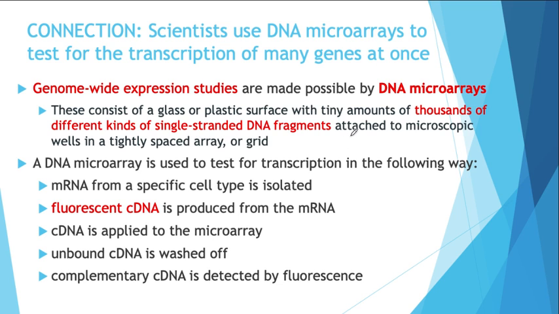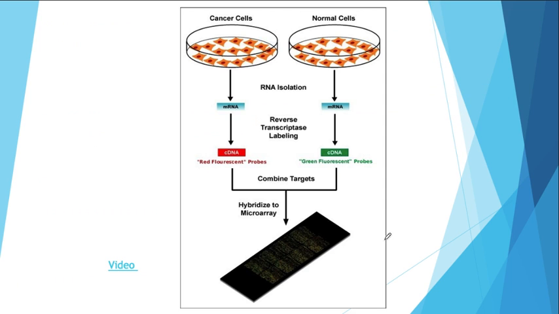These lie on generally a slide, and we take the messenger RNA from the cell under the particular conditions in question. We harvest that messenger RNA, we make cDNA from it, and we can make it fluorescent by incorporating nucleotides that contain dyes attached to them. We bind the cDNA to the microarray, we wash off the excess, and the complementary cDNA is detected by fluorescence on a slide.